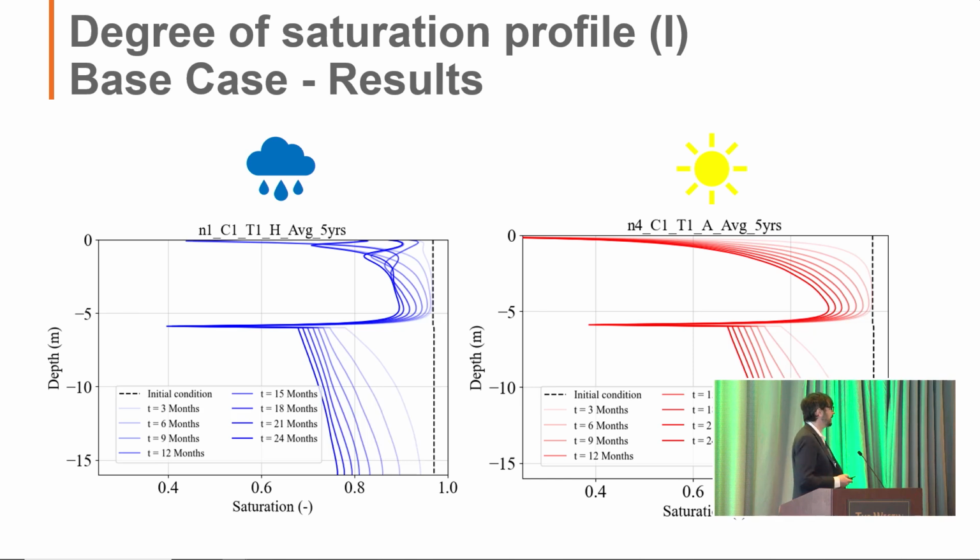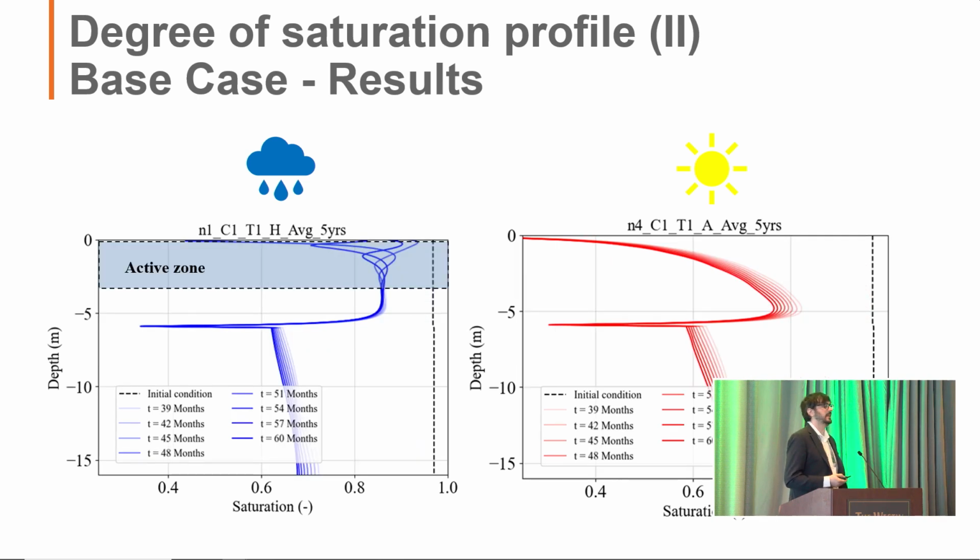And as time goes by, this is the first 2 years of our simulation, you can see that the humid scenario starts changing, of course, but it seems that it is getting to a quasi-steady state. On the other side, the arid scenario does not. If we continue our simulation and go to the last 2 years, we will see that to the left, in the humid scenario, we get to a time, almost 3 years, where we reach a quasi-steady state.